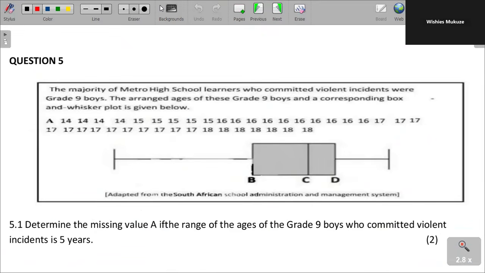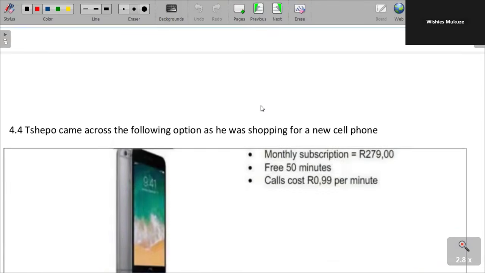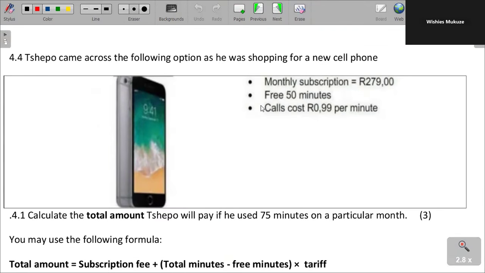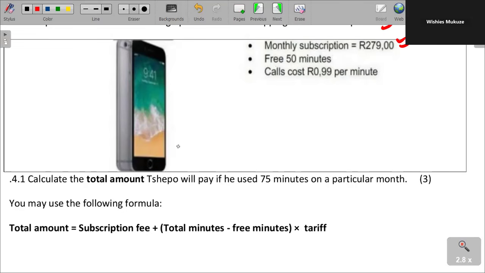Let's go to the next question, 4.4. We are given that Tepo came across the following option as he was shopping for a new cell phone. The monthly subscription is that amount, with 50 free minutes, and a cost of 99 cents per minute.